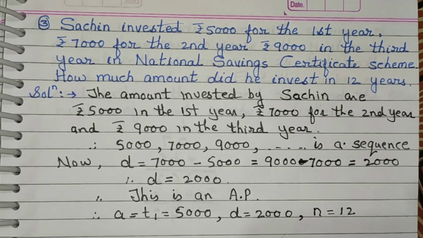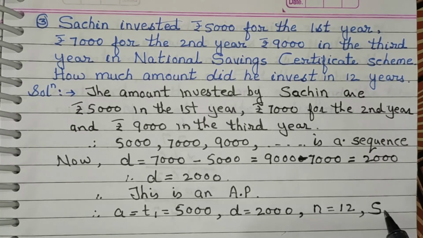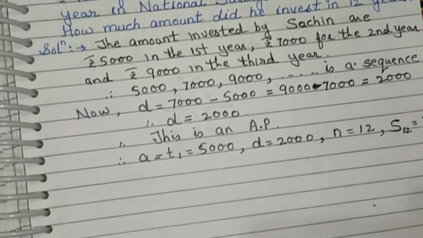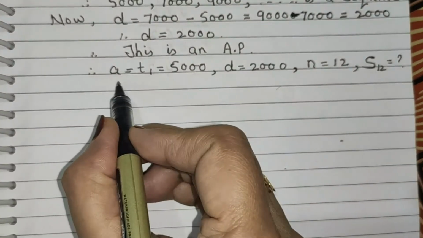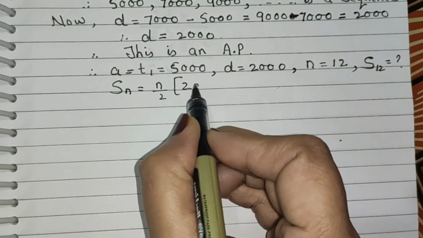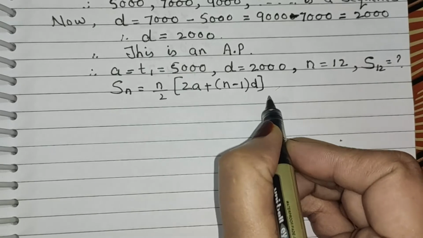It is given. Our aim is to find the value of S12. Now, by using formula, write down the formula here. Sn is equal to n by 2, 2a plus n minus 1 into d.